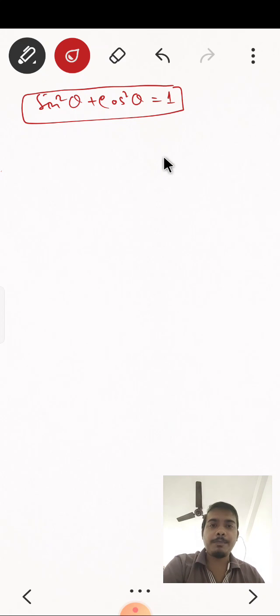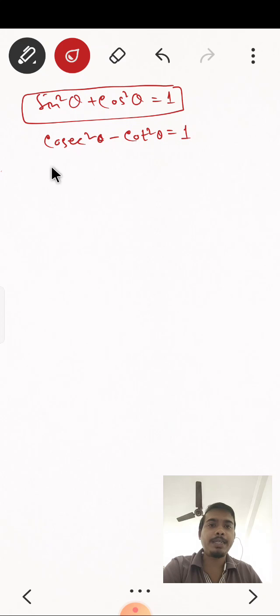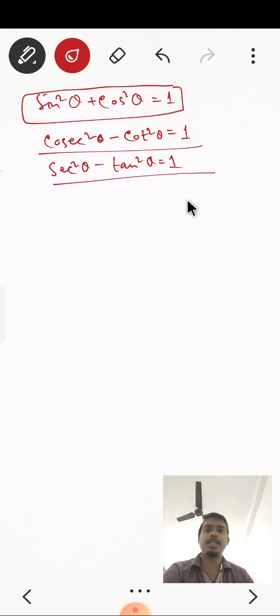A similar type of approach will give you cosec square theta minus cot square theta is equal to 1 and sec square theta minus tan square theta is equal to 1. These are also very important relations. Now in practical purposes, this theta will have some values.